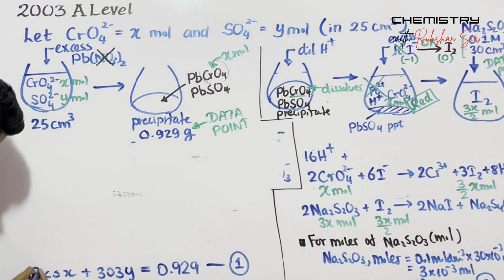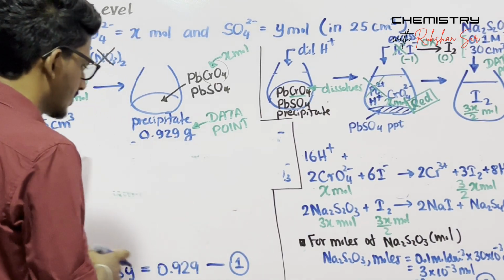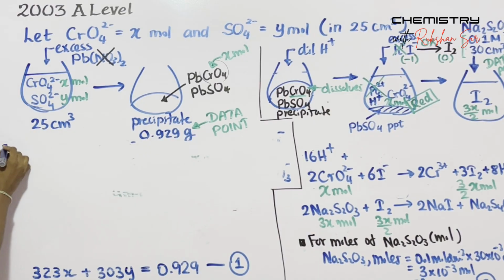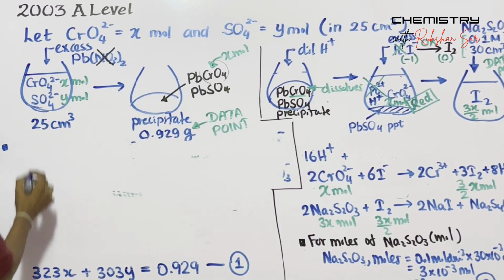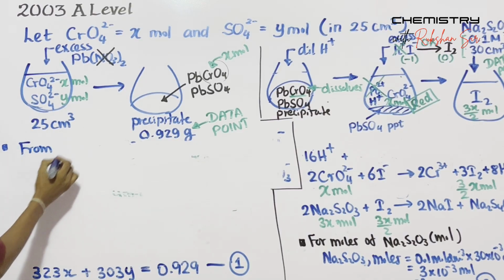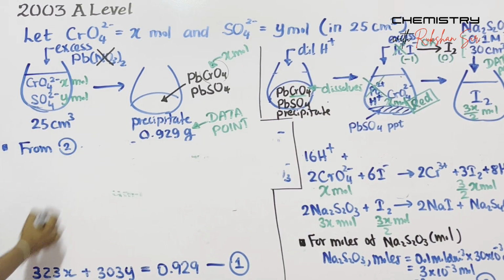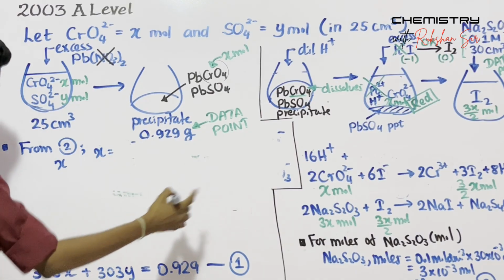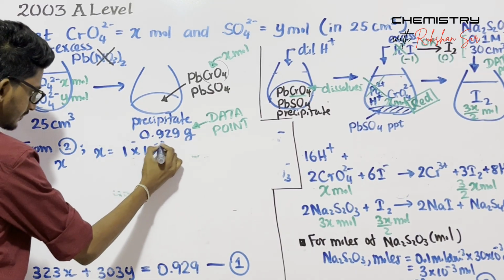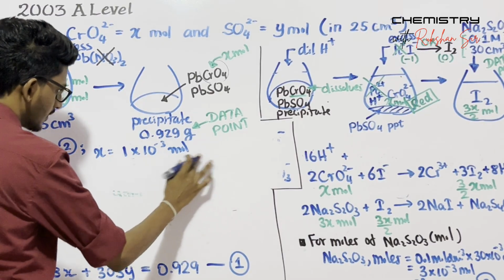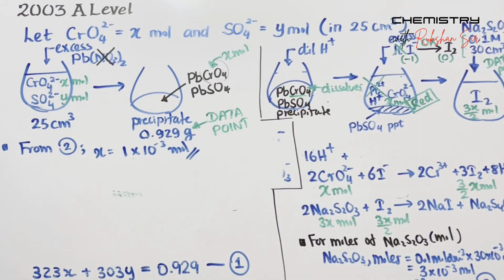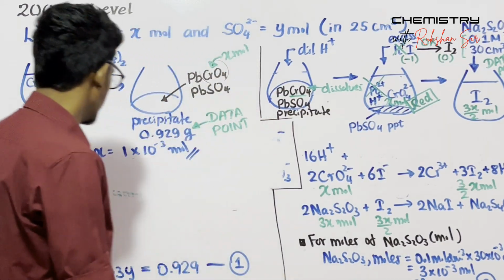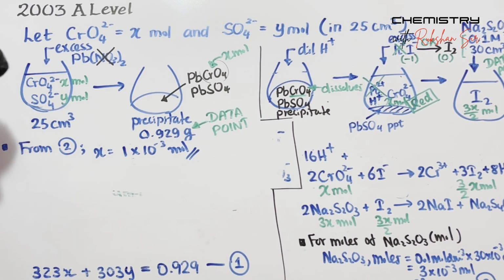From equation 2, x is equal to 1 into 10 minus 3, this divided by 3, so x is equal to 1 into 10 to the power minus 3.